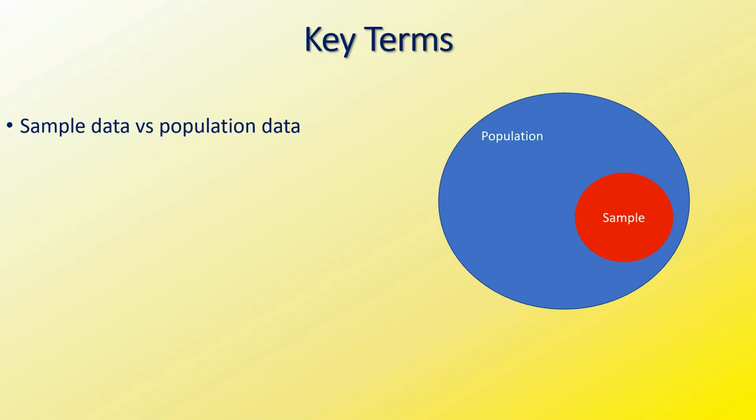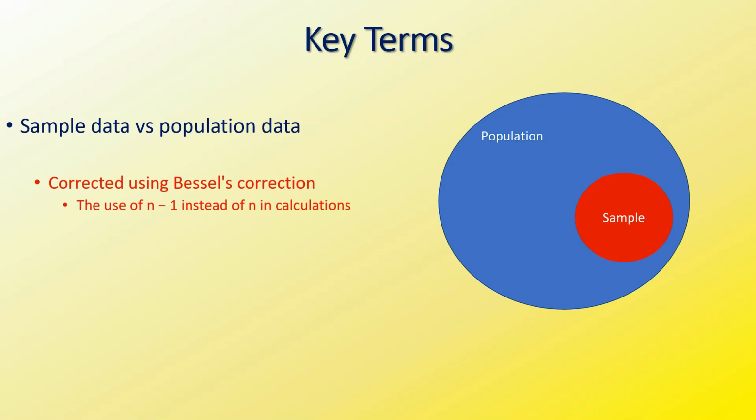Now this concept's important because when you start to look at how some of the statistics are calculated, there'll be an option between whether this is a sample or whether this is a population. There's a very subtle difference, and we refer to this as the Bessel correction. Quite often you'll see something divided by n, and this means divided by the number of data points that you have in your sample.